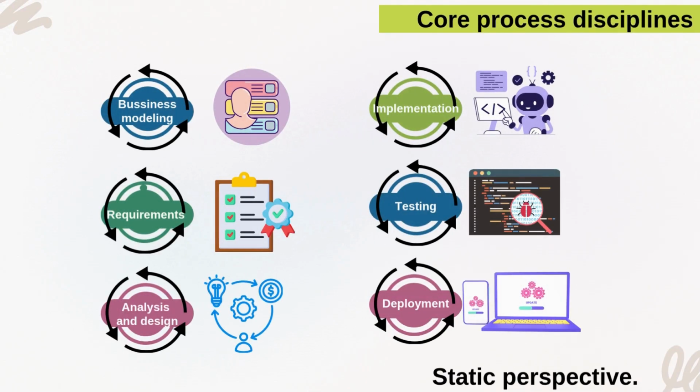The static view explains RUP's internal structure, which covers the who, what, and how. It defines roles, activities, artifacts, and workflows. RUP includes nine core disciplines. The core process disciplines are business modeling, requirements, analysis and design, implementation, testing, and deployment.